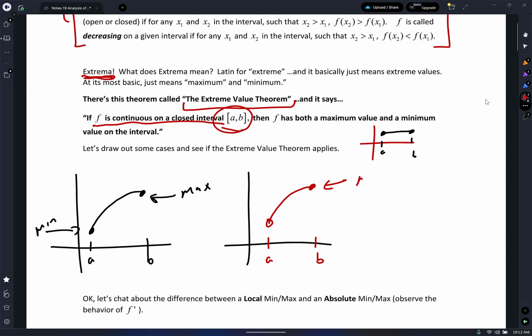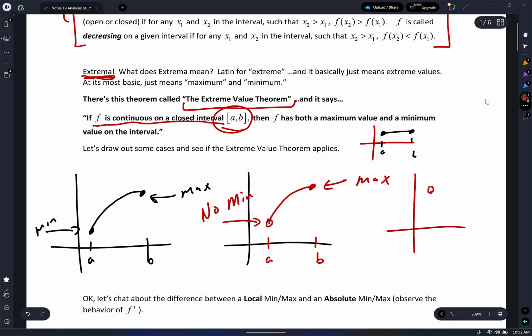This would be a max, but do I have a min? No min. It's not guaranteed. By the way, you can have a min if it looks like this. I'm going to do open, open, open. Do I have a min? Yes, I do. Your min is right here.